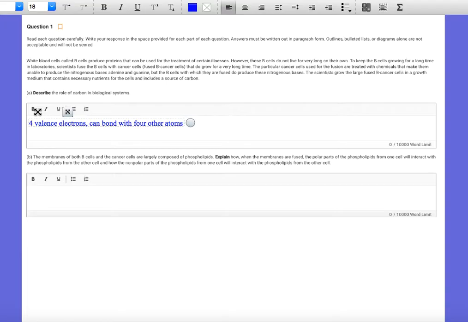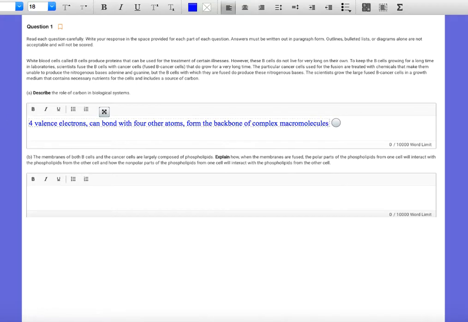And that, in turn, enables it to form the backbone, if you will, or the basis of complex macromolecules like carbohydrates, lipids, nucleic acids, proteins.